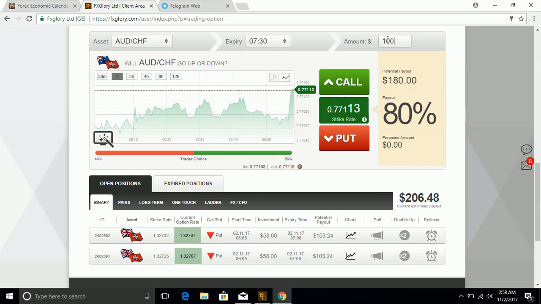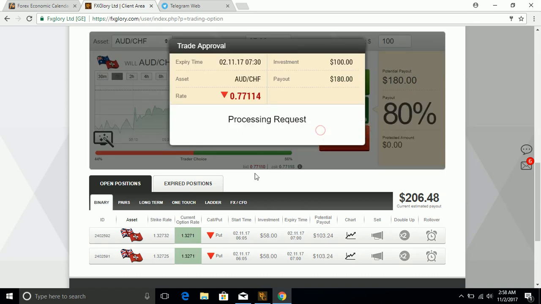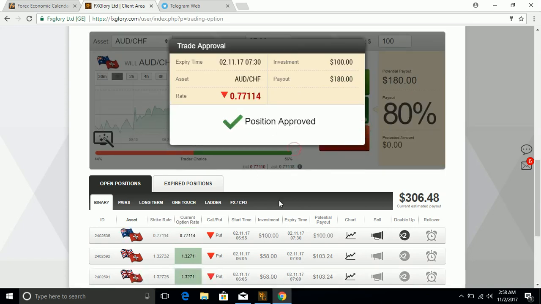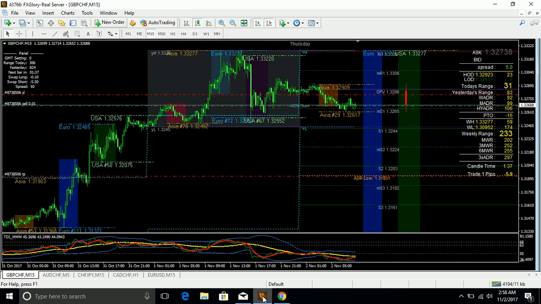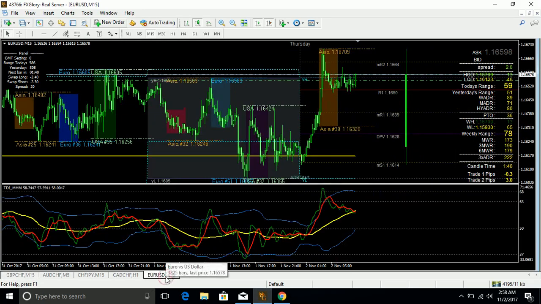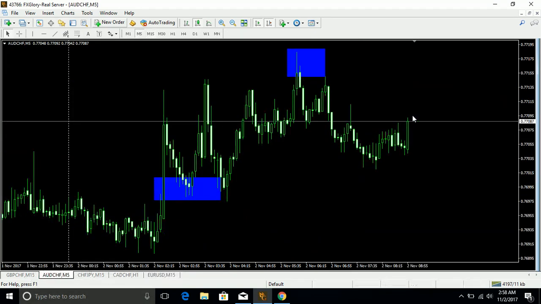Let's do that one. I'm going to do this one for $100. And I'm going to take that down. Okay, here's our Euro USD taking off for us now. This Aussie CHF.